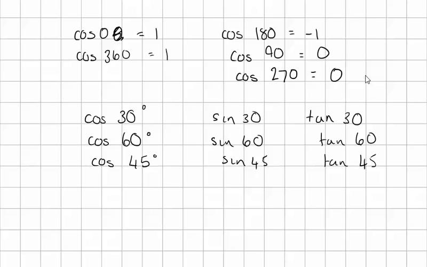Before I go on to these, I want you to sketch the graph and find the values for 0, 90, 180, 270, 360 for the sine curve, please, using your calculators. So sketch the curve and see whether you can figure it out. If I were you, leave the cosine one on it and sketch the sine one as well.